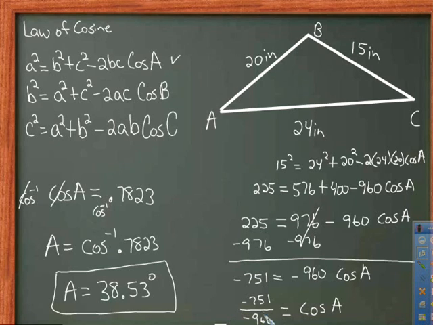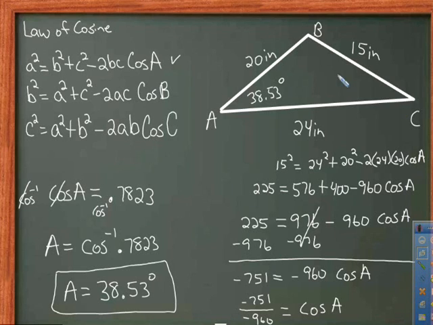This portion here, which is a fraction, I entered in the calculator and got a decimal. Since I'm trying to find the angle measure, I use 4 decimal places to be a little more accurate. Then I figured out that this angle is 38.53 degrees.